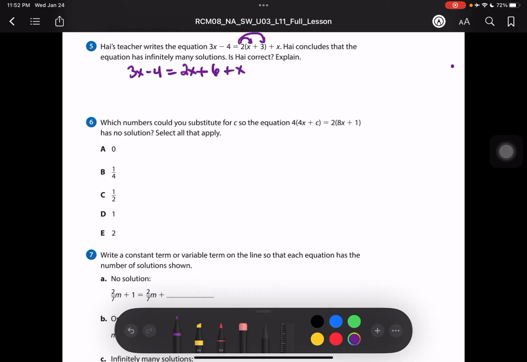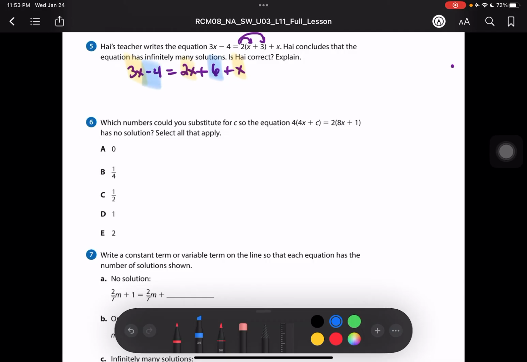Now we want to combine our variable terms, and I'm going to highlight our like terms. Not erase, Marshan, highlight. So 2x, x, and 3x are all our like terms. Our constant terms that we're going to combine are 6 and minus 4.